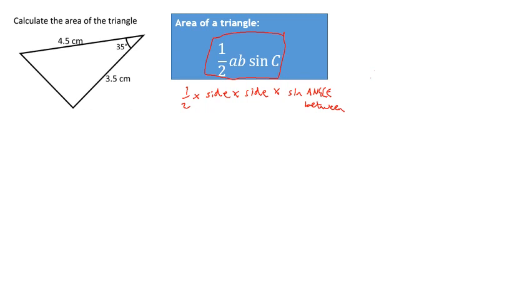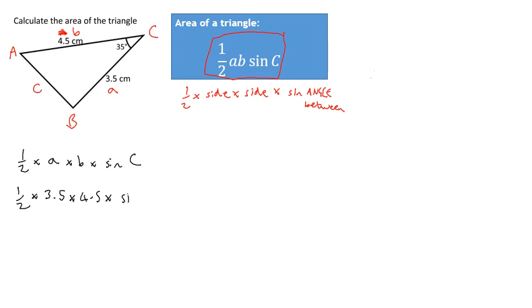So I'm going to label up my angles and my sides. And then I'm going to use the formula. The formula says half times A times B times sine C, and then times sine of the angle between them.